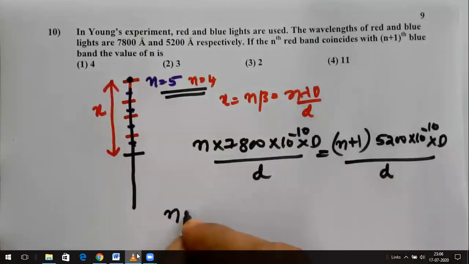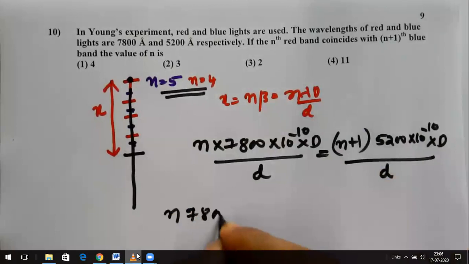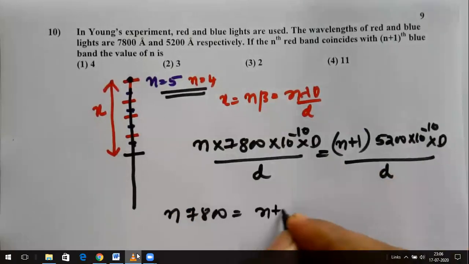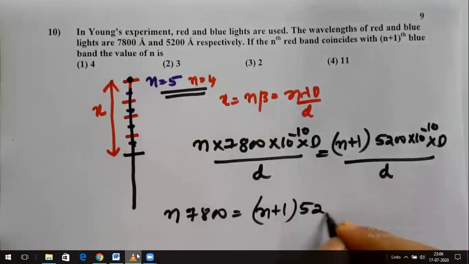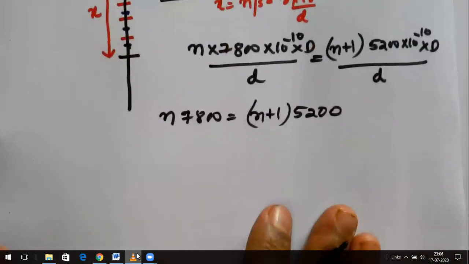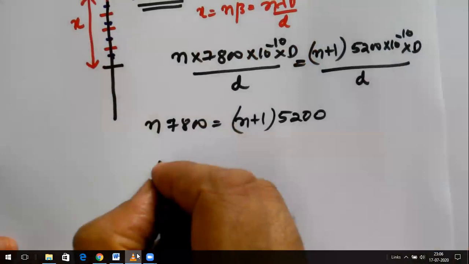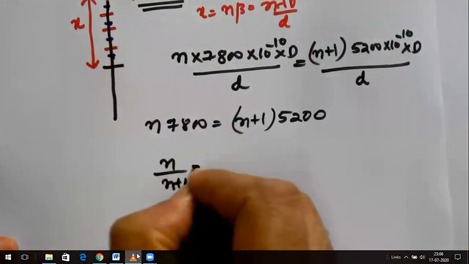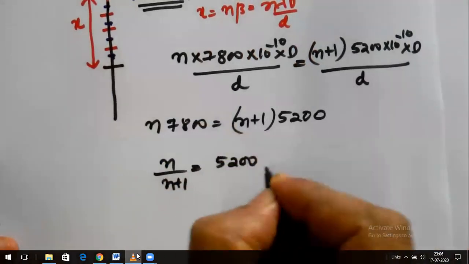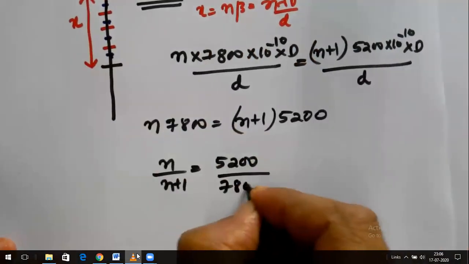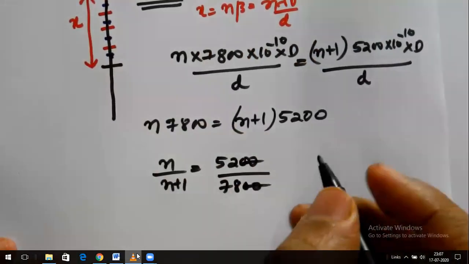So n into 7,800 must be equal to n plus 1 into 5,200. Now it's your job to find out the value of n. So n by n plus 1 must be equal to 5200 by 7800. Two zeros will get cancelled.